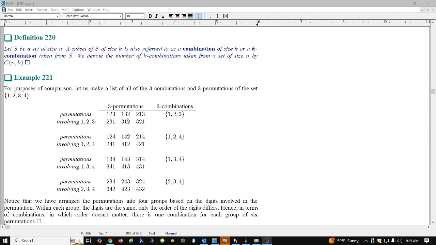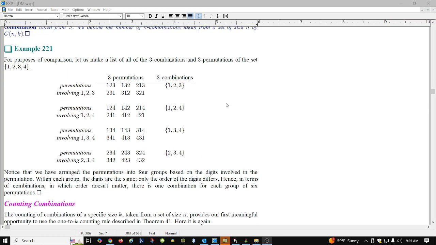When we disregard the order and look at these as unordered arrangements or subsets, all 6 of these permutations collapse into a single combination. Same thing for these other groups. So that's going to give us a hint, which we'll talk about in a minute, on computing the number of k combinations from the number of k permutations. There's a simple formula.